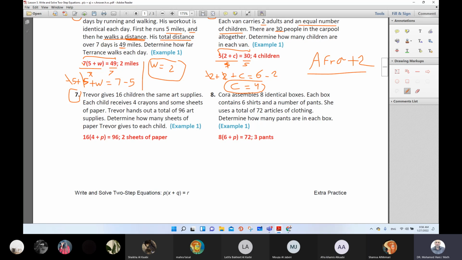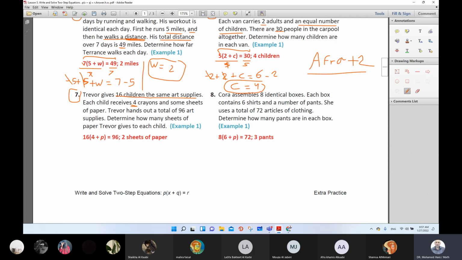Thank you, Afra. Great work. So as you see here, we have 16 children, the same art supplies. So right here, 16, open parentheses. Then we have here, each child receives 4 crayons.